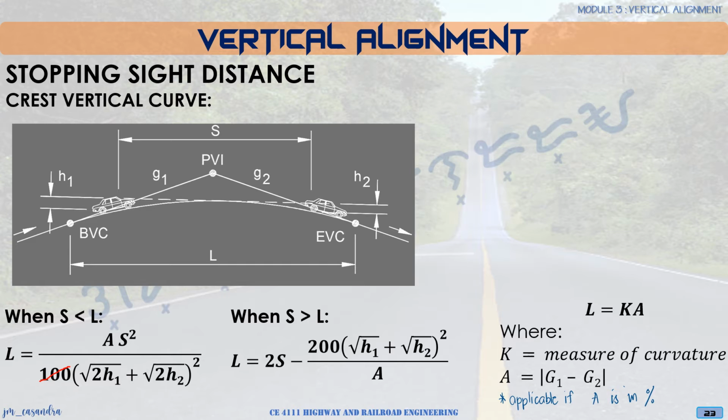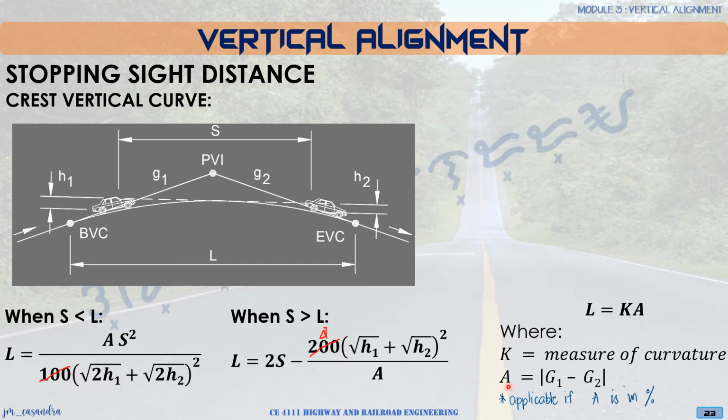And then for this equation, if the computation of A now uses the value of G times 100, then our equation will become 2S minus 2, times the quantity square root of h1 plus the square root of h2, squared, all over A. Okay? So parang dinivide lang natin. So yun lang yung difference.